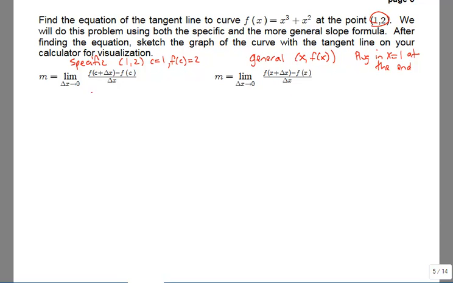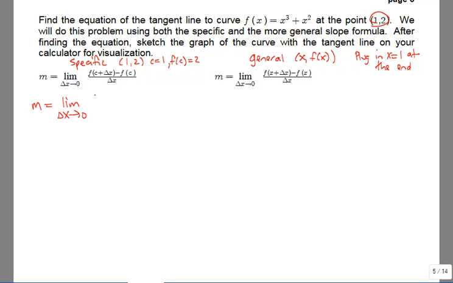This is how we've done it so far. This is a formula that you want to memorize. This, by definition, is the slope of the tangent line. To find this slope, you need to find the limit, as delta x goes to 0, of the difference in these y values over the difference in the x's, which is just that delta x.